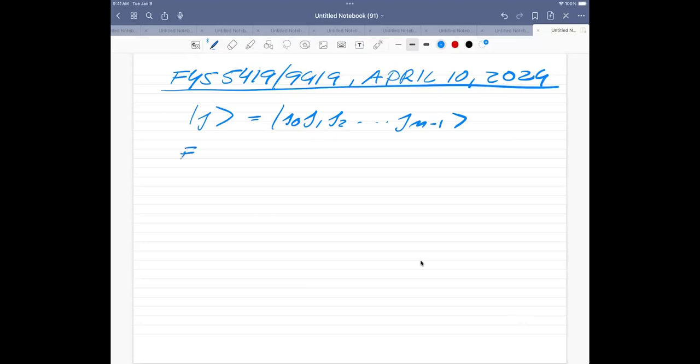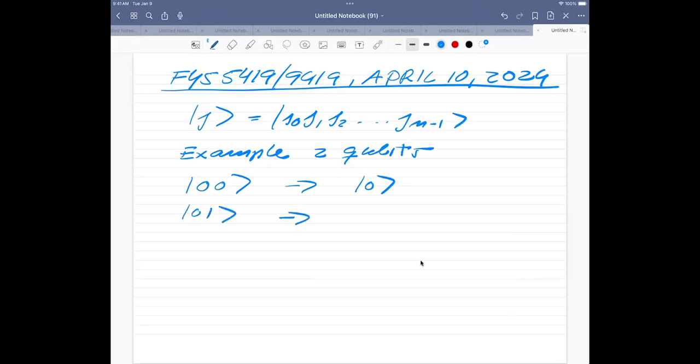So we had a case with 2 qubits. Then we could have the state 0, 0. And that means that this is a state which we then would label as state 0. We could have the state 0, 1, which we chose to label as state 1.